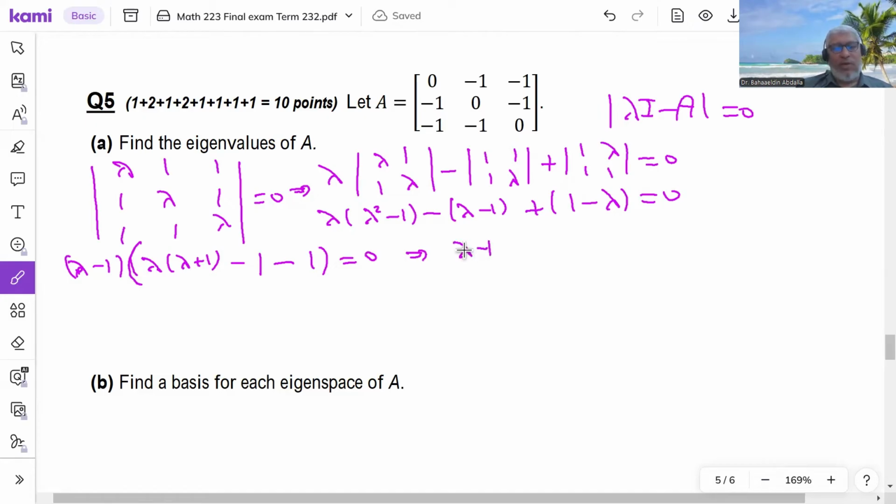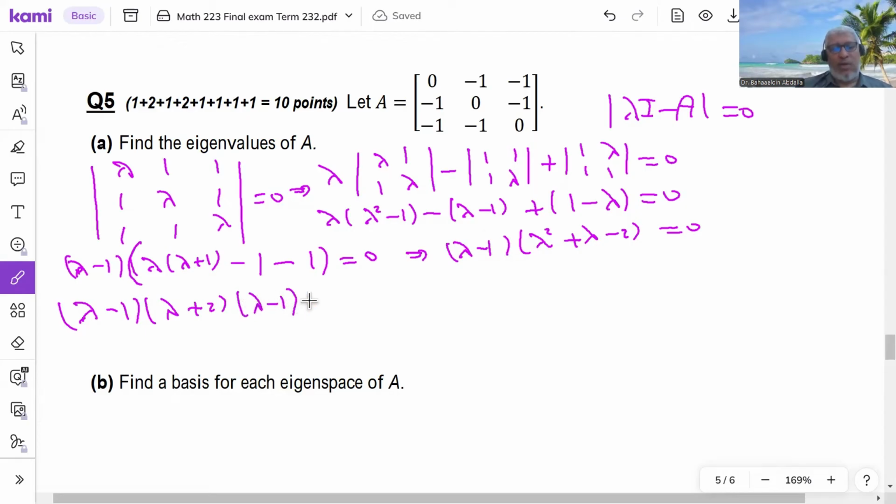So I have lambda minus 1 times lambda square plus lambda minus 2. And if you factor, you will have lambda plus 2 times lambda minus 1. So in fact, I have lambda minus 1 to the power 2 times lambda plus 2 equals 0.